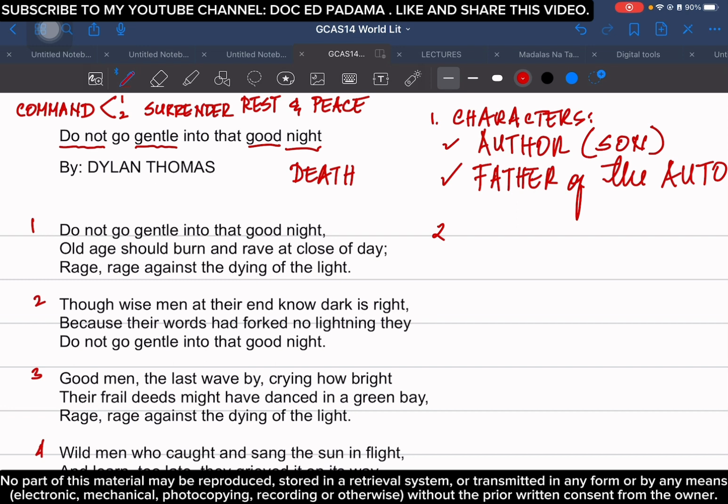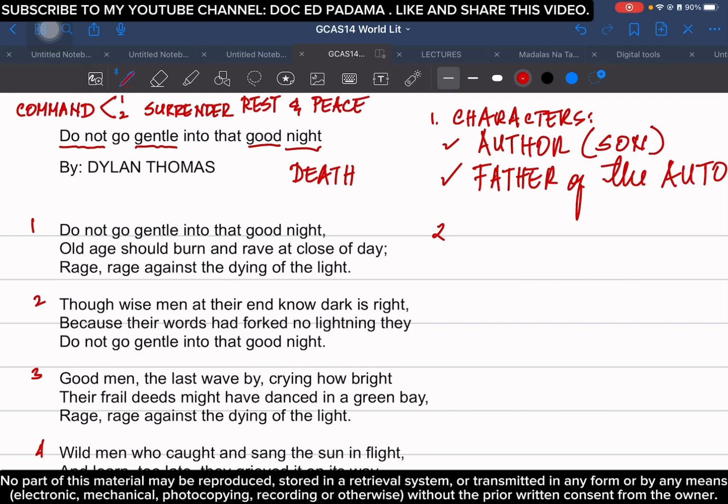Okay, now that we have already placed the meaning of these symbols that were used in the title, we can answer the last part, which is the one giving the command and the one who is being commanded. Yung nag-uutos at sino yung nag-uutos.